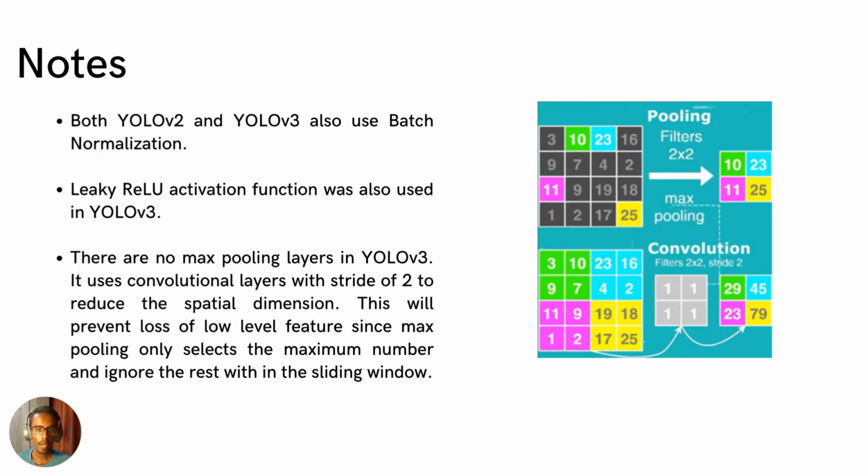Max pooling is different from convolution. When you want to convolve an input image, or let's say a feature map, and you have a filter which is 2 by 2, and you perform max pooling, you're selecting the maximum number and moving the filter from the top left corner of the image up to the bottom right corner.